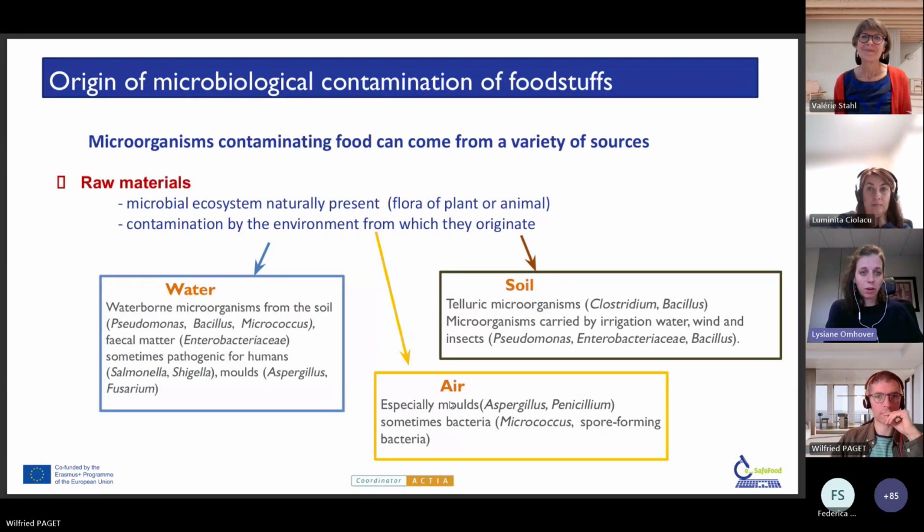So microorganism contamination can come from a variety of sources. First, they can be from the raw materials. It's the microbial ecosystem naturally present in flora, plants or animals, and it can contaminate the environment with different origins. First, microorganisms can be brought by water, with waterborne microorganisms from the soil, for example, Pseudomonas, Bacillus, Micrococcus.